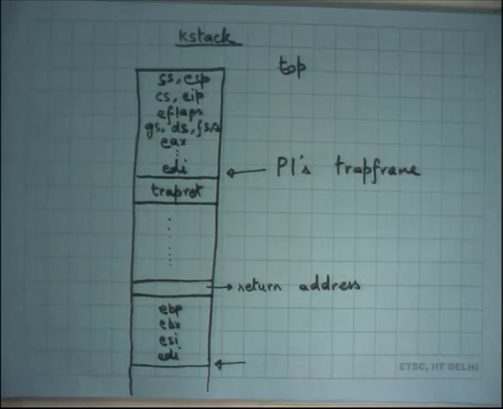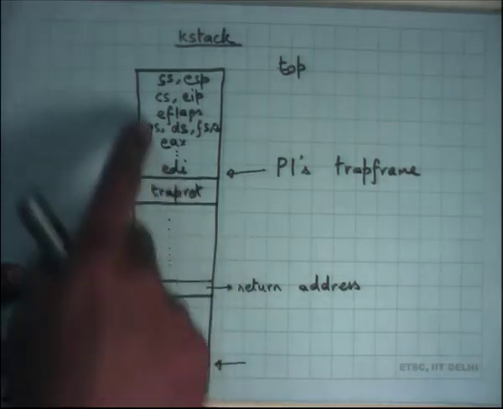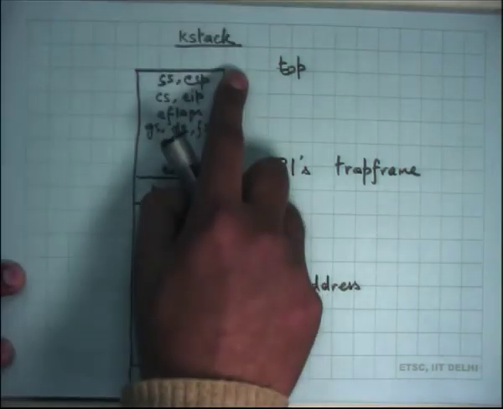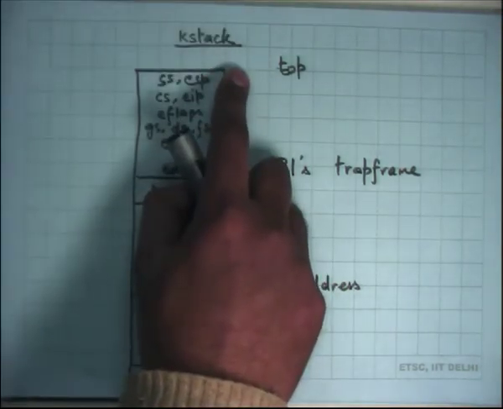All right. If we look at the K stack in a little more detail, which we did last time, let's say this is the top of the K stack, which means that's where you start from.